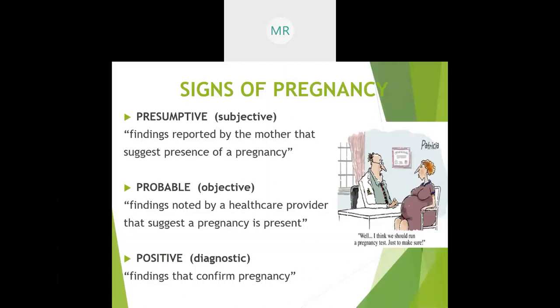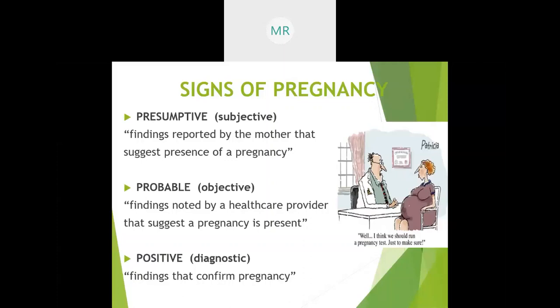We can hear it on a Doppler as early as 10 to 12 weeks. We're going to talk soon about a diagnostic test, and we could do a vaginal ultrasound as early as 5 to 6 weeks. But by Doppler, we can hear the heartbeat by 10 to 12 weeks.